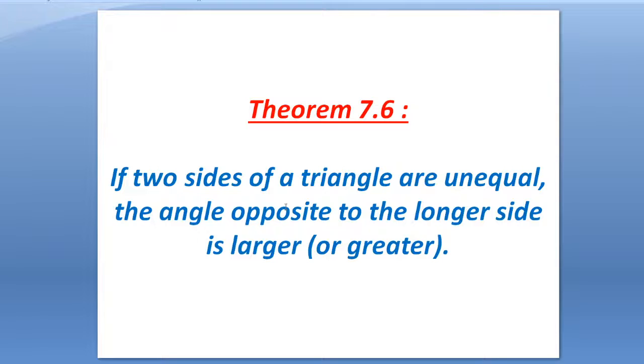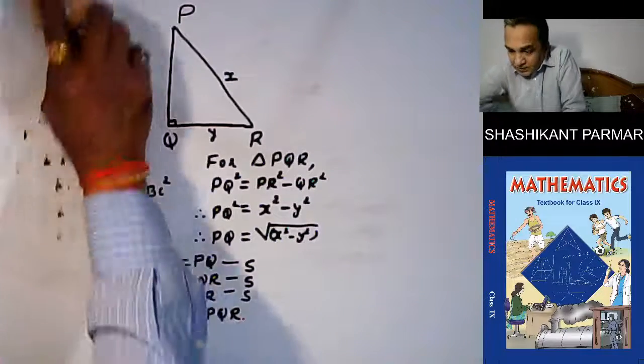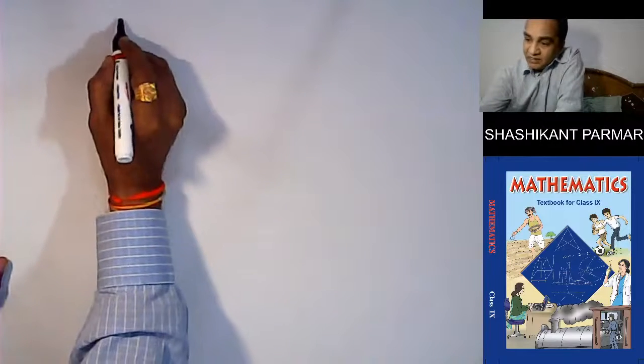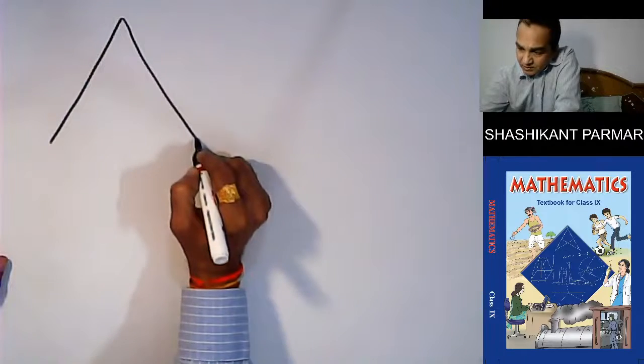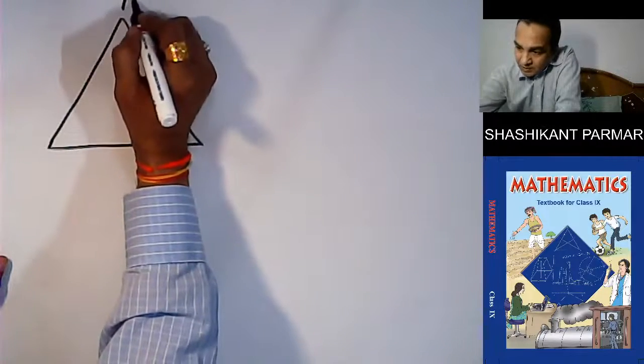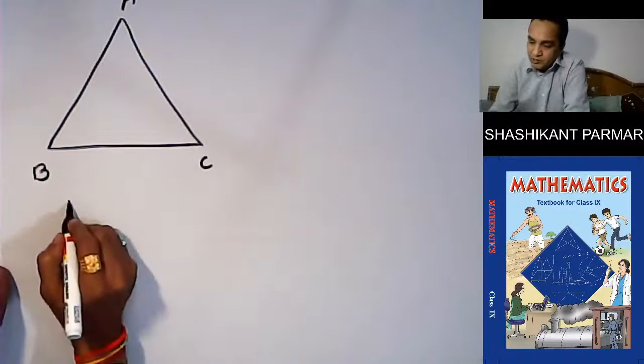If two sides of a triangle are unequal, the angle opposite to the longer side is larger. So what does this theorem say?